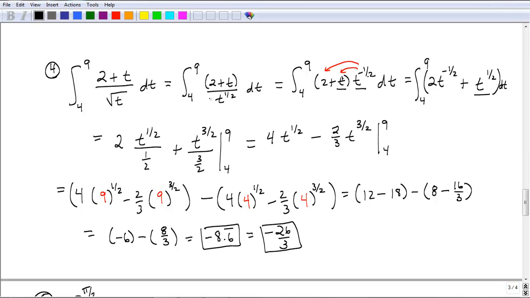Now I'm going to put 4 in there. I get 4 times 4 to the 1/2 minus 2/3 times 4 to the 3/2. So I get negative 6 minus 8/3, which is negative 26/3. So it looks like when we're working through this integral, negative 26/3 is what we'll get.